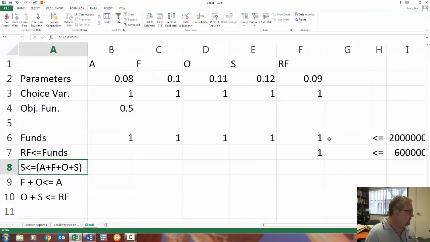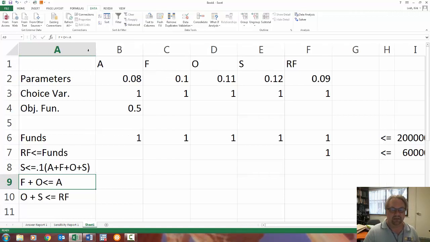Second bullet point, signature loans may not exceed 10% of the funds invested in all loans: automotive, furniture, other secured, signature loans. You can see I made a small mistake here, 0.1. Come on, there we go.